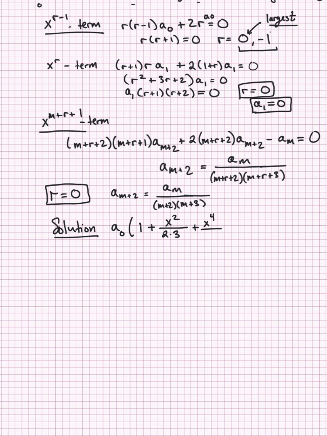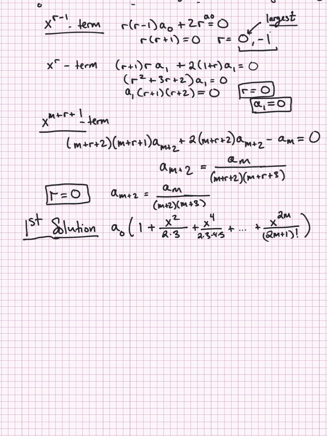The next term is x to the 4th, and for m equals 2 I'm dividing by 4 times 5, so I'm getting 2 times 3 times 4 times 5, and so on. And actually what it is is just x to the 2m divided by (2m+1) factorial. Okay, so that's your first solution.